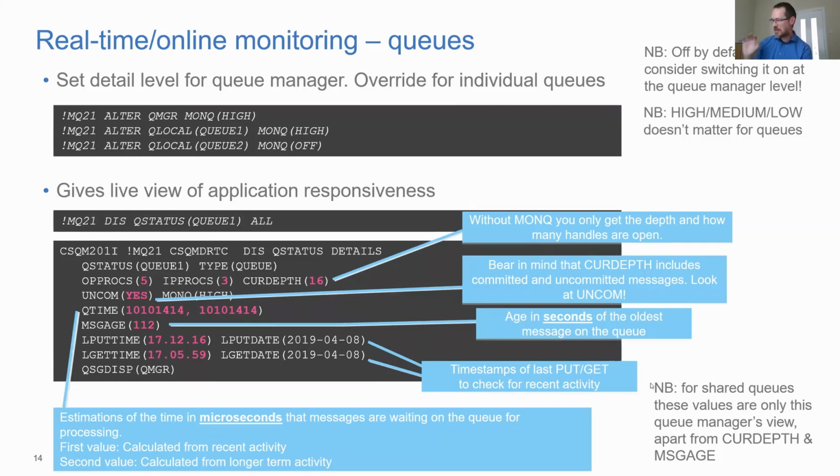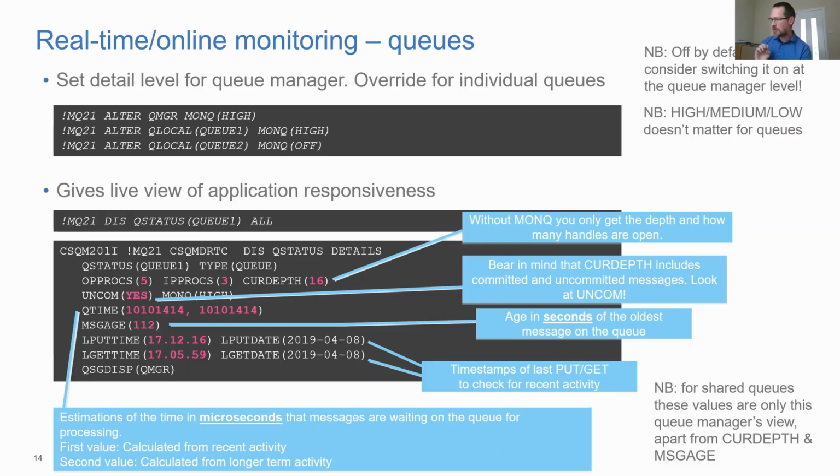What I should say is, given that we're talking about MQ for z/OS here, these attributes have slight differences if you're looking at shared queues. Okay, so for shared queues, you get a queue manager's view of what's going on.